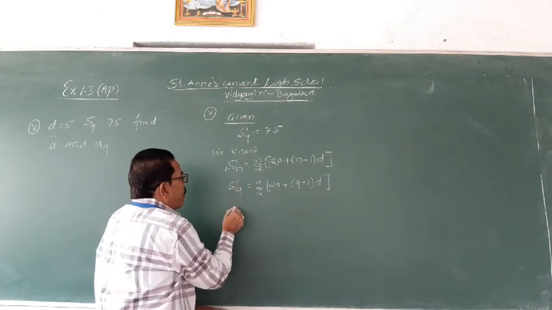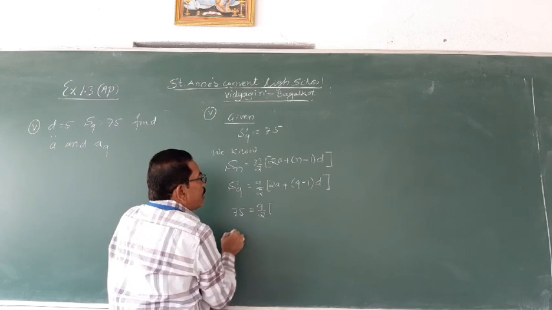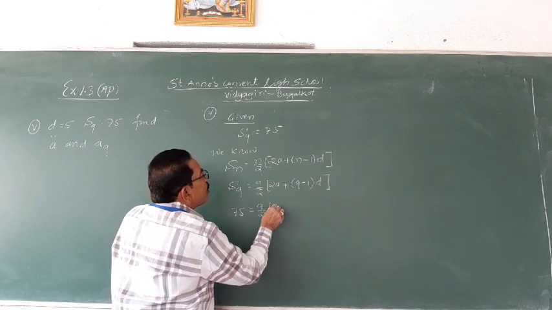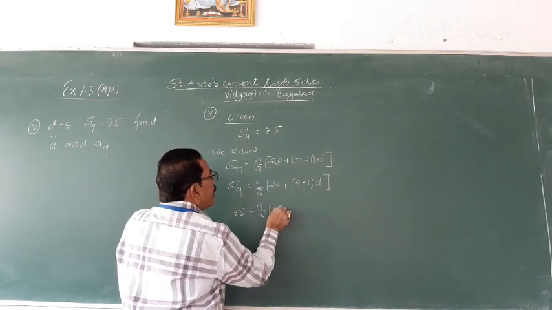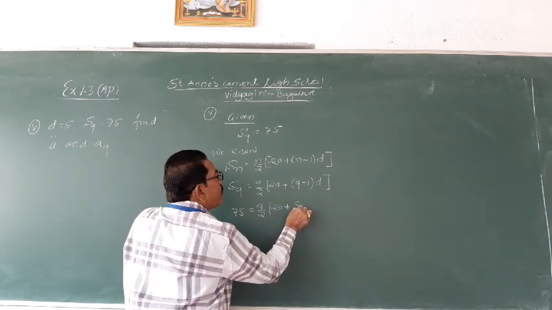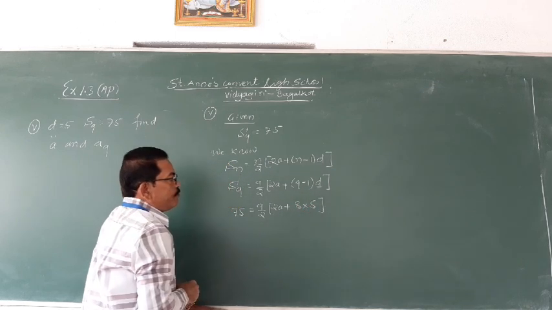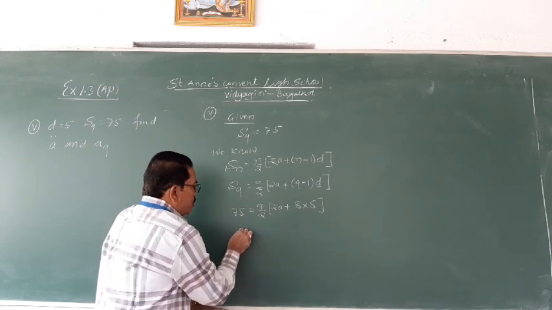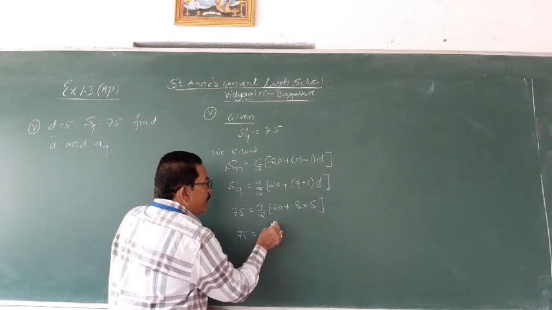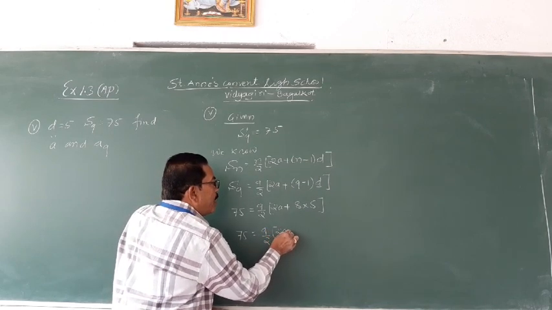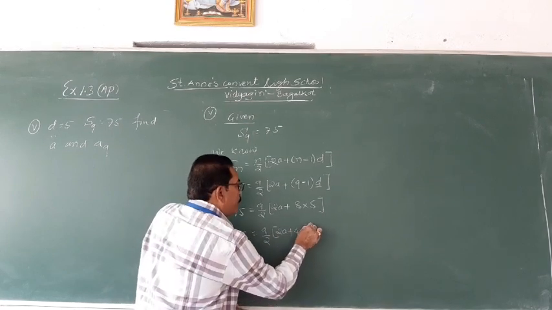S9 is given, that is 75 equals 9 by 2 in the big bracket 2a plus 8, d is given, that is 5. So 75 equals 9 by 2 in the bracket 2a plus 8 fives are 40.